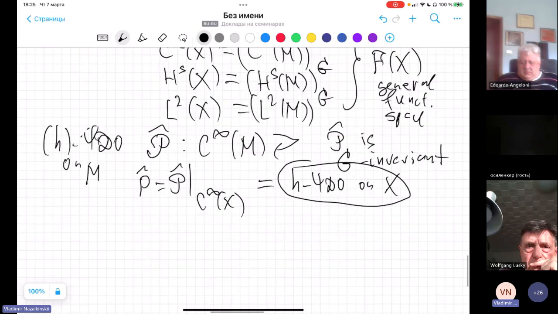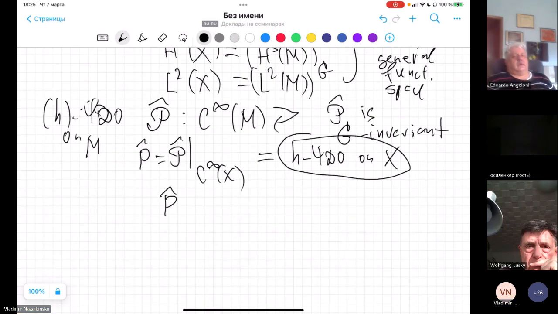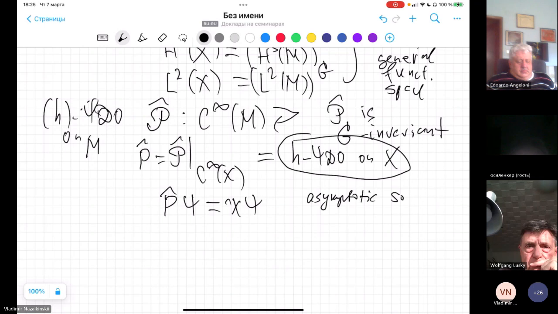So, we intend to study the eigenvalue problem P psi equals lambda psi. And we need to find asymptotic solutions. Asymptotic solutions are usually obtained if we have some parameter which tends to 0.